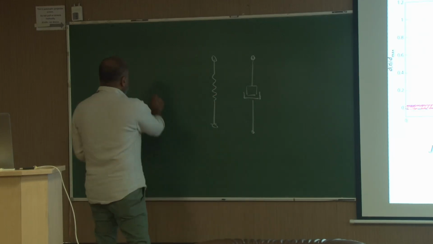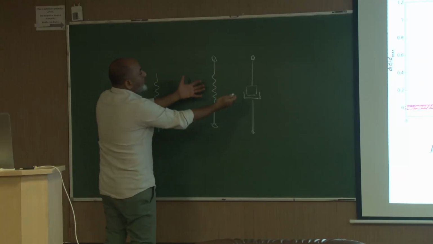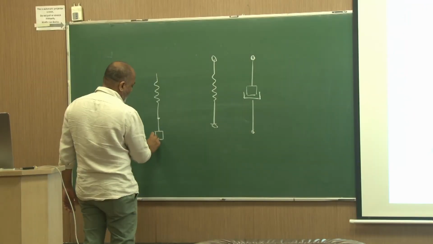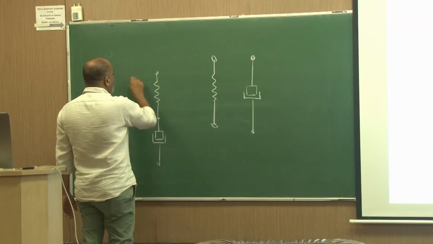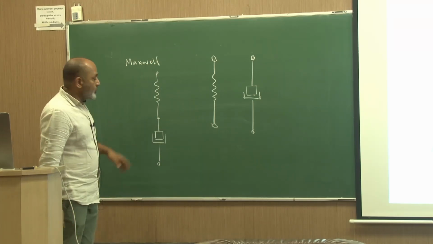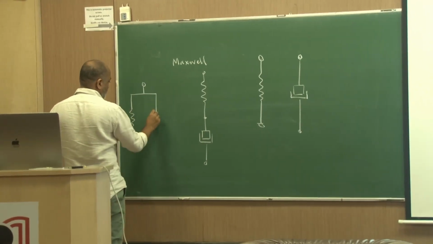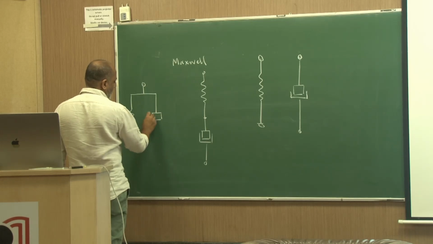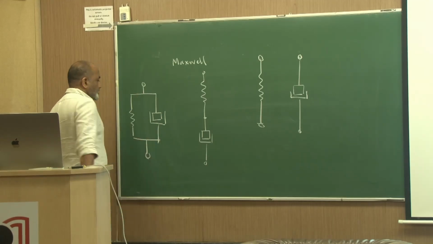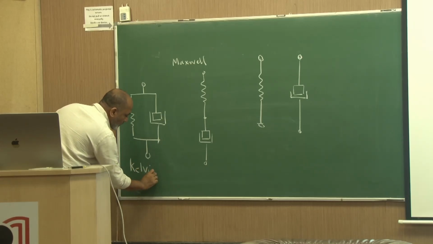If I put them in series, because the combination of these two gives you the total response of the material, then this is Maxwell. Between the two, I can also have a thing such as this, and this is Kelvin-Voigt. This is the simplest description I am still telling you.